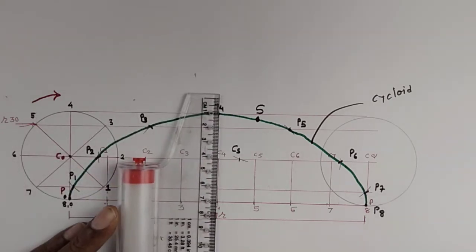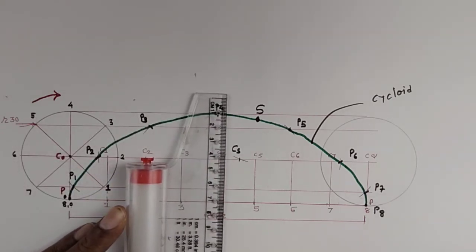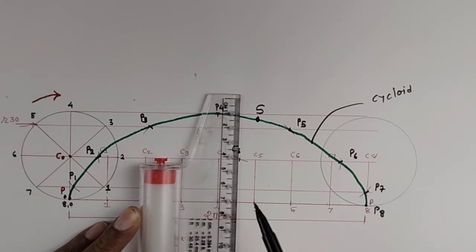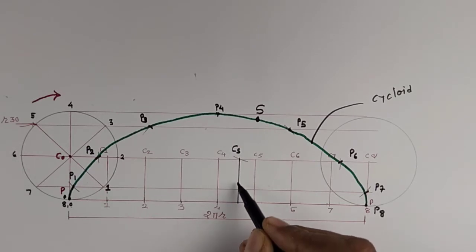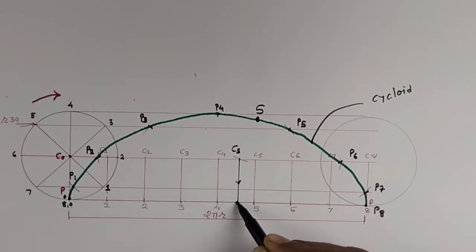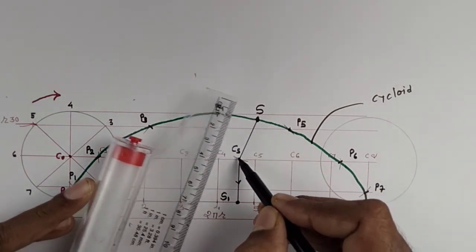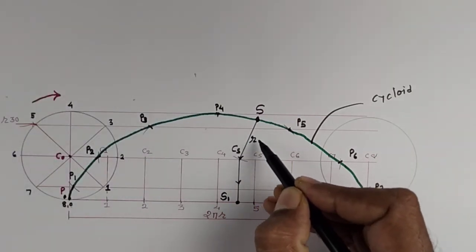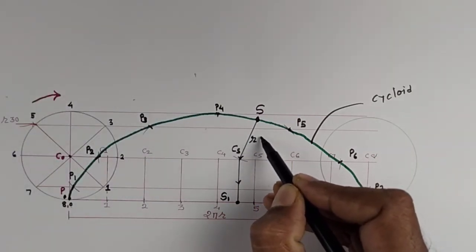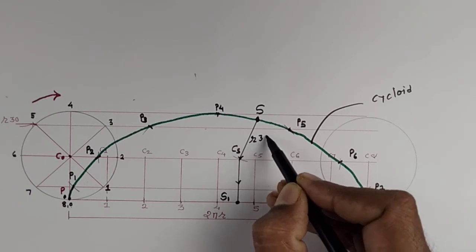Now from this CS you move vertically downward and get your S1 point on the straight line. This is your radius R, equal to the radius of the rolling circle, 30 mm.